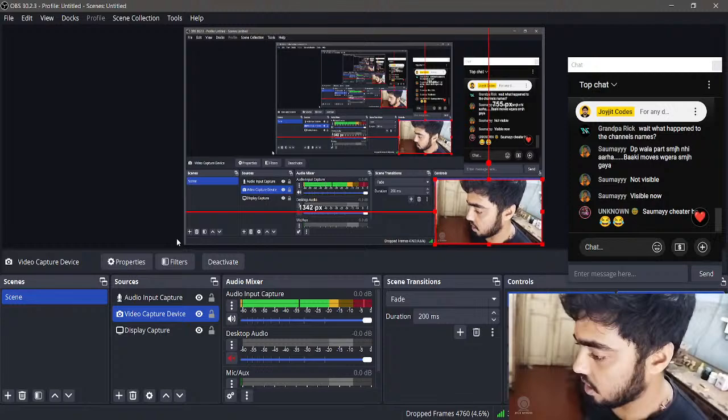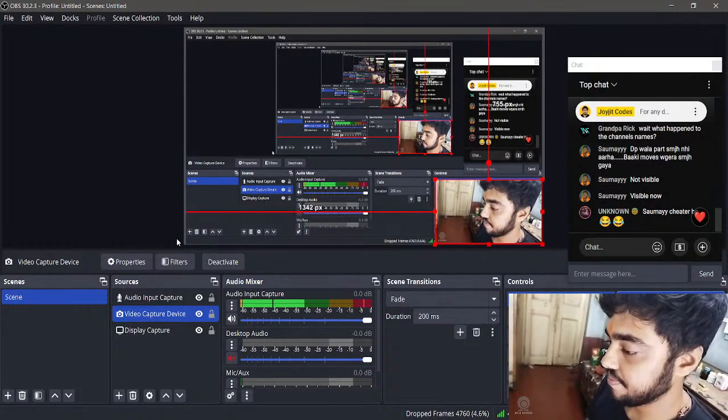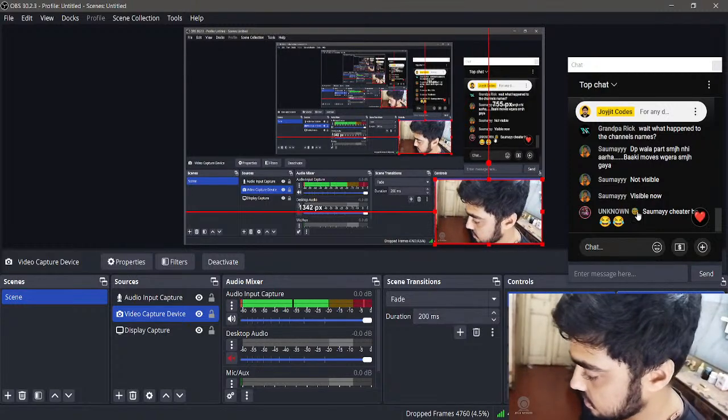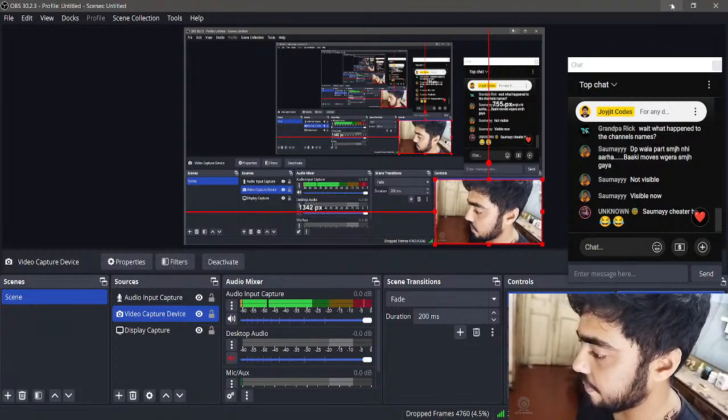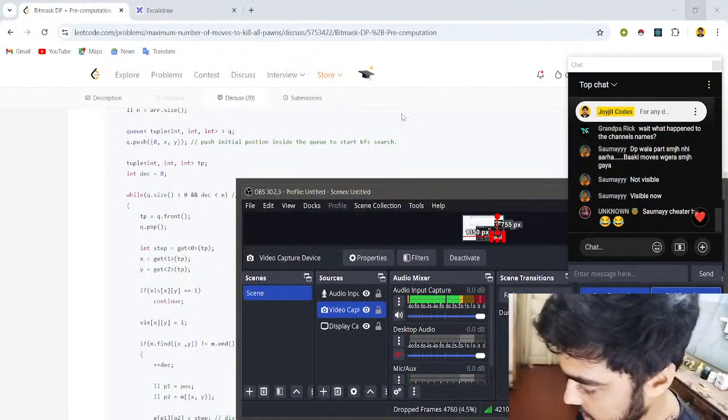Yeah, now I'm perfectly visible. The brightness is also fixed, and I feel like this is a proper setup that I was looking for.